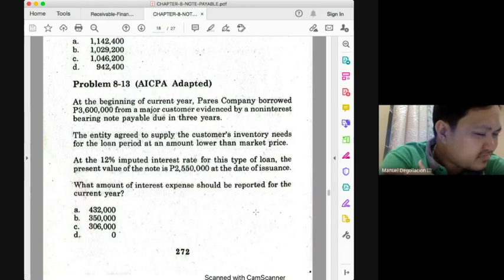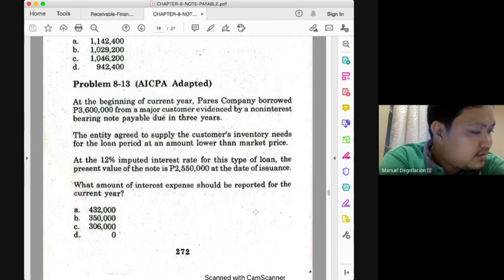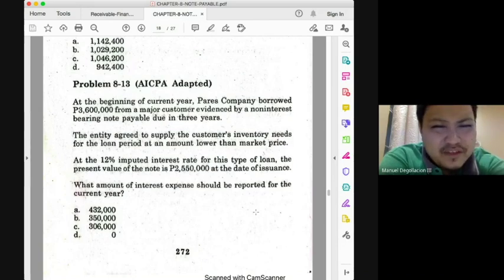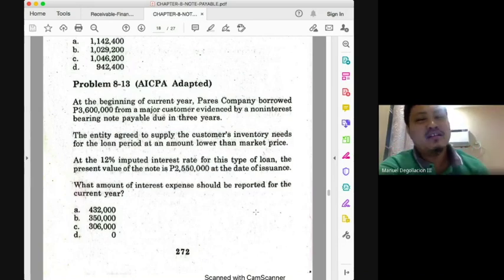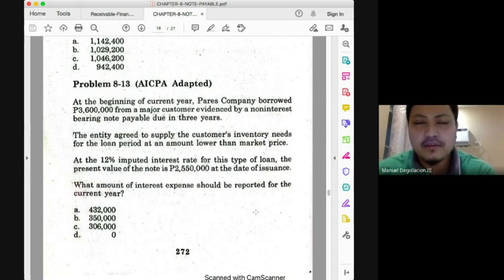What amount of interest expense should be reported for the current year? The present value is 2,550,000, class. So we will start with the 2,550,000.